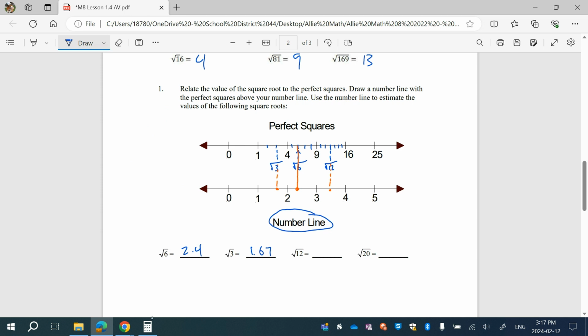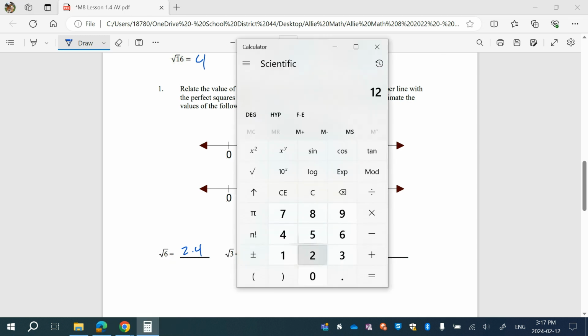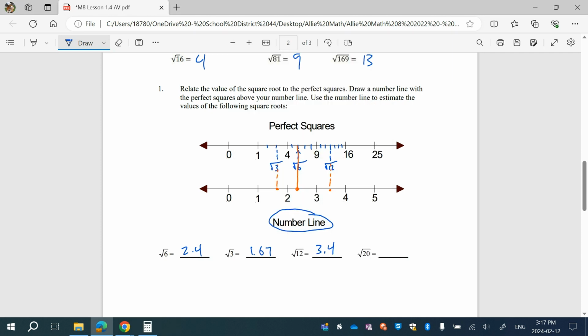Maybe I'm going to do 3.4. And we can check. 12 square root, 3.46. So maybe 3.5 might have been a little bit better if I rounded up, but not bad ultimately.